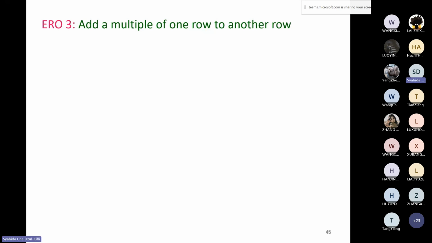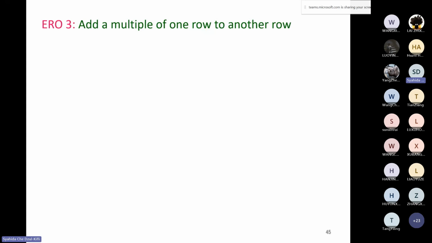We multiply that other row with a number and then add it to the row that we identified earlier. So in one sentence: add a multiple of one row to another row.